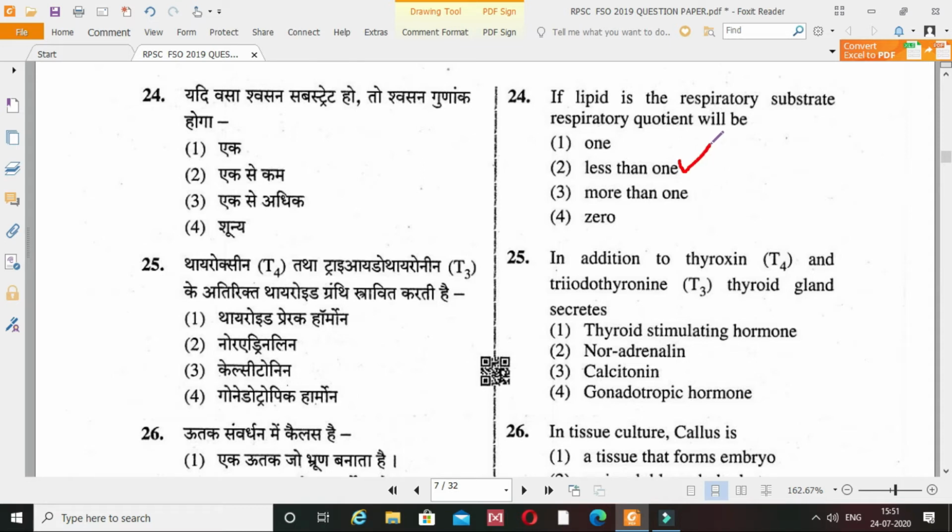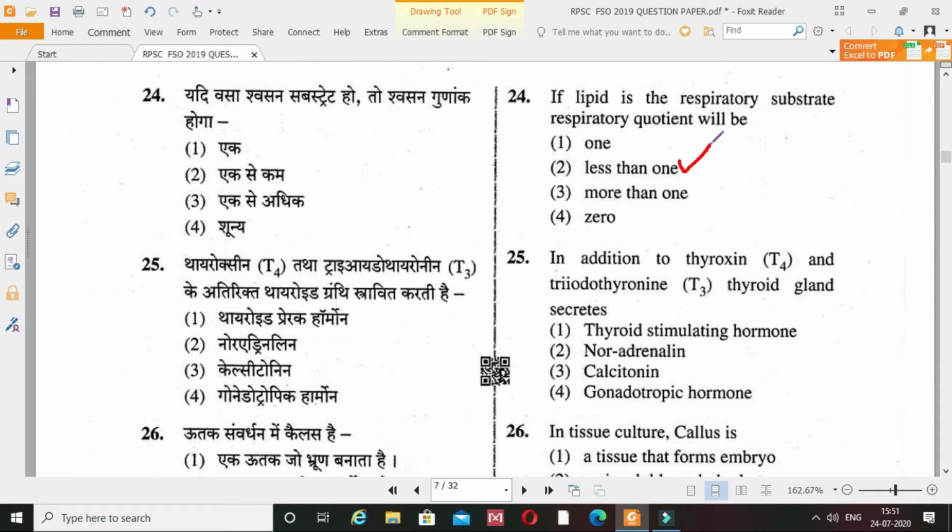Respiratory coefficient, or RQ, is the ratio of carbon dioxide produced to oxygen consumed while food is being metabolized. Respiratory coefficient is equal to carbon dioxide eliminated divided by oxygen consumed. Respiratory coefficient of carbohydrates is equal to 1, fats 0.696.